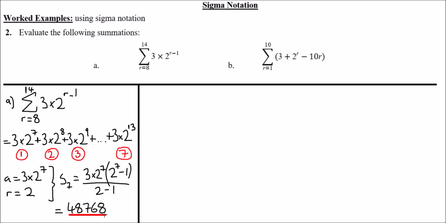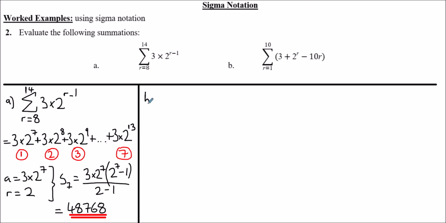Now part B, you need to be particularly careful of part B, but as long as you're careful, this is absolutely no problem, because summations can actually be partitioned. Okay, so they can be partitioned in whichever way you're comfortable doing so. So what I'm going to suggest we do first off for these ones is partition each term separately.